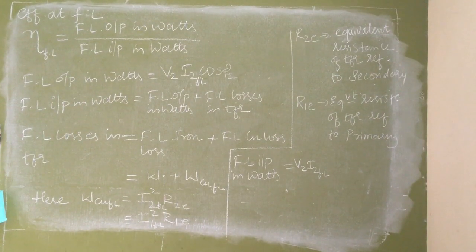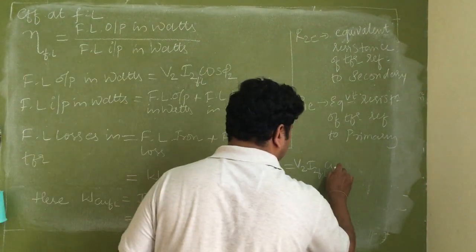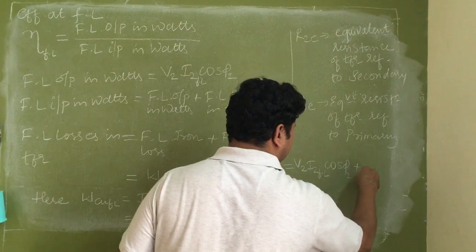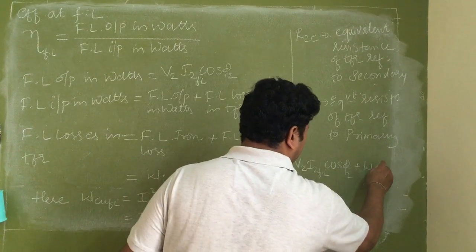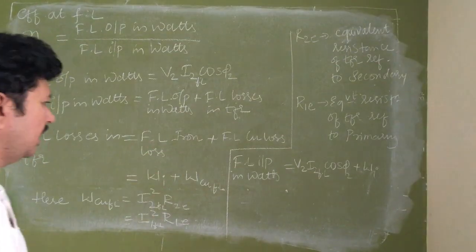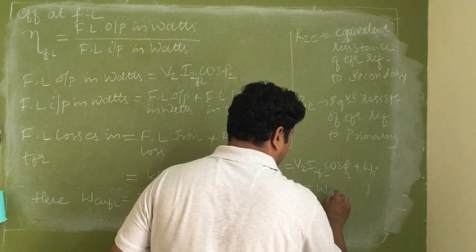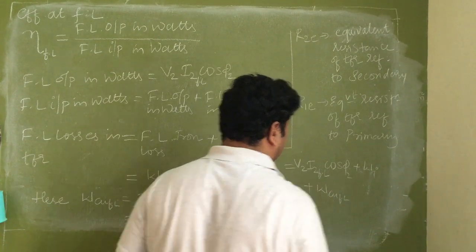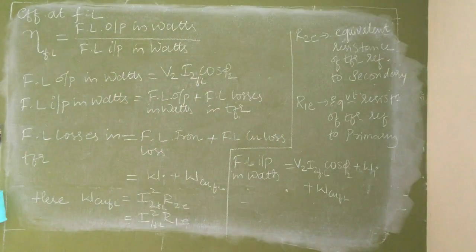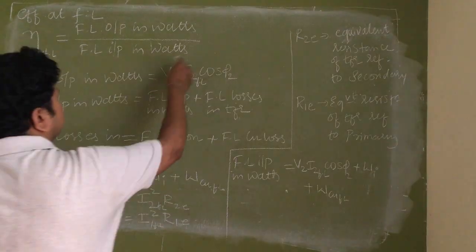V2 will remain the same. Okay, we assume V2 will remain the same for all the load conditions. Plus the full load losses, Wi plus WCU full load. Now substituting that in the equation for efficiency, this will be into 100.